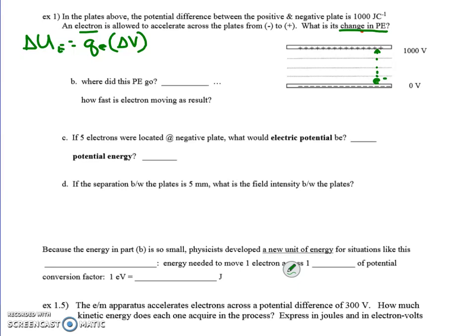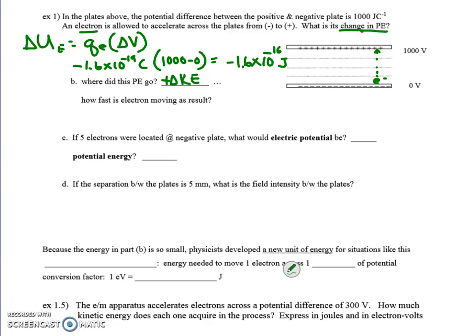So I put in negative 1.6 times 10 to the negative 19th coulombs for the charge of an electron, multiplied by, well, our final was 1,000 minus 0, which gives us negative 1.6 times 10 to the negative 16th joules. So that negative change in potential energy means we lost that amount of potential energy. And where did it go? It went into a positive gain in kinetic energy. Okay, so that's consistent with the idea that when we have a negative there, it would have a negative change in potential energy.